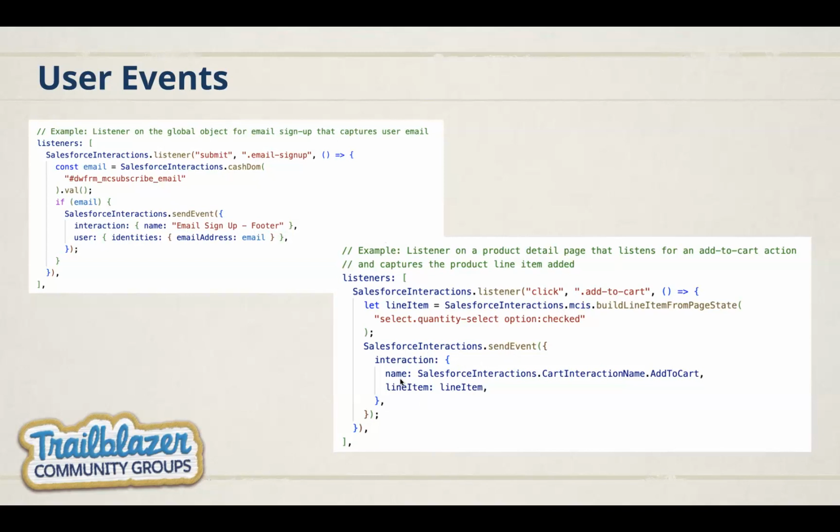So for example, you can see that the name is no longer a custom string like before. It's actually a built-in event name called Salesforce Interactions, cart interaction name, add to cart. There are multiple of these events, and it's important to use the event provided by Salesforce Interactions and not add your own name here, because adding a product to the cart is an important event, right?